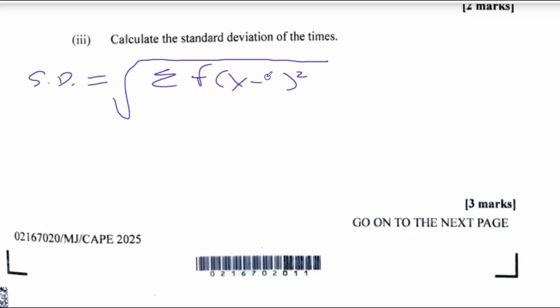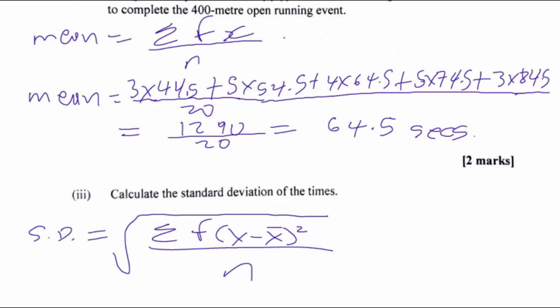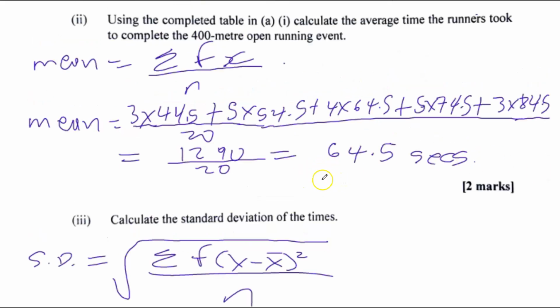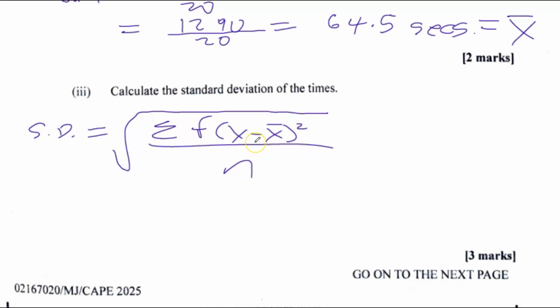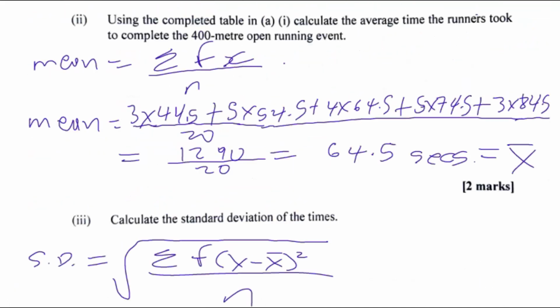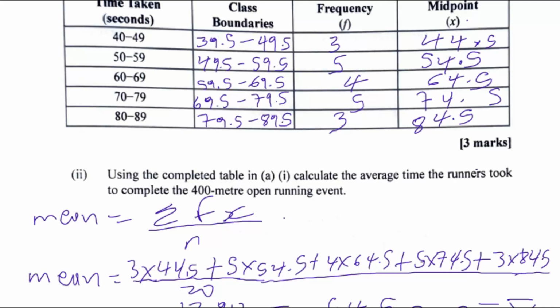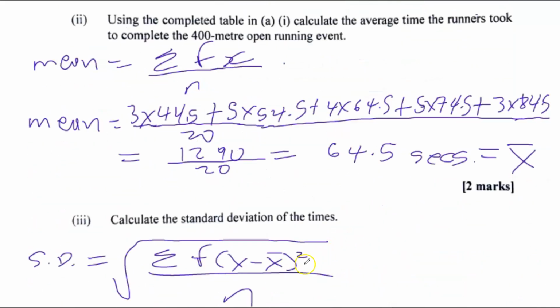So x minus x bar squared over n, or you could put n minus 1. It doesn't matter. Alright, so this is x bar, the mean 64.5. So what we'll be doing is we'll subtract the mean from each x value and multiply by the frequency. That's what this is saying. Alright, and divide by n and take the square root.